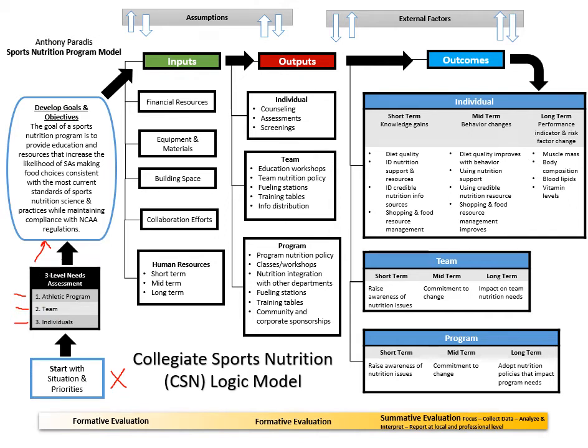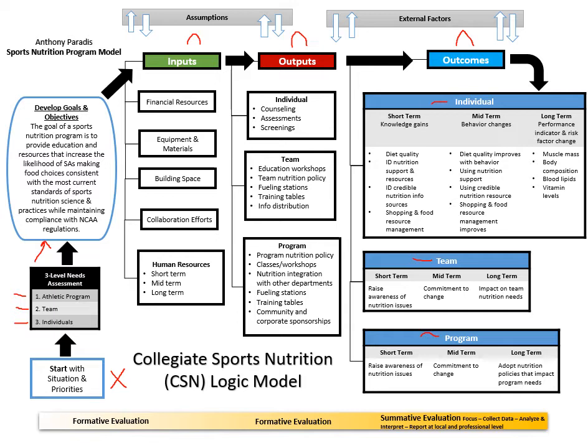The next step is inputs. These are the resources that will be required. The outputs are the services that you offer, and the outcomes are the fruits of your labor. These are the actual impacts that you have on an individual, team, and program level.